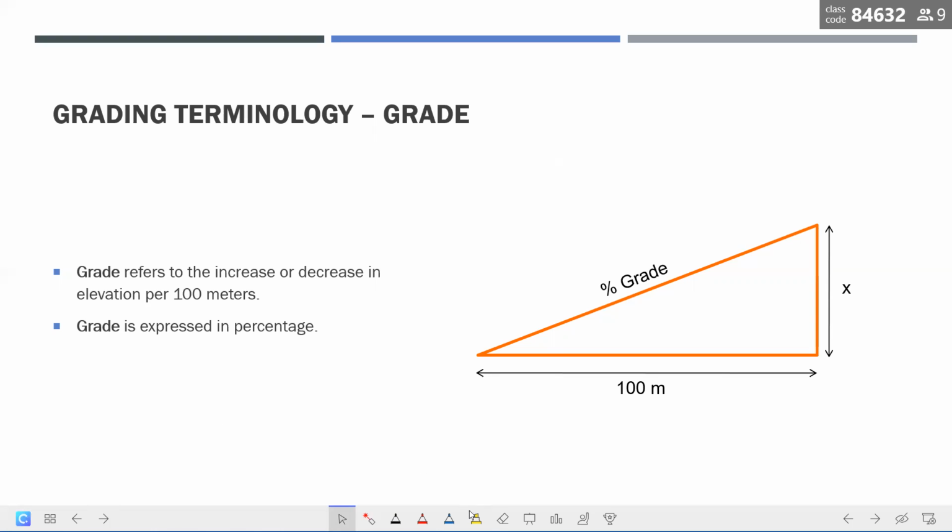Grade is usually expressed as a percentage. So the higher the percentage, of course, the steeper the grade. It really depends on this.